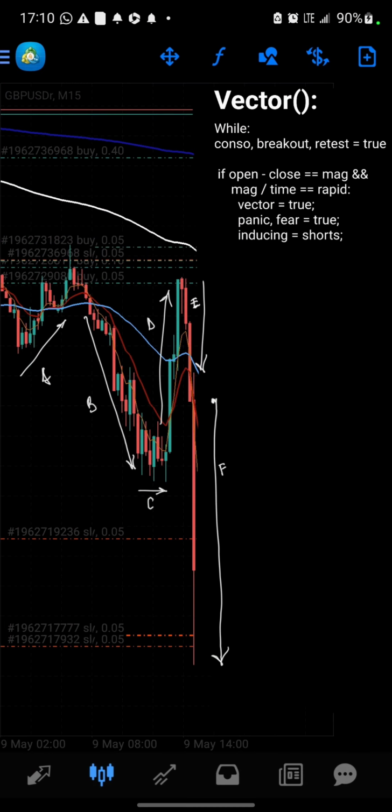This move is very aggressive, and it has created panic, made investors believe that the market is going down, and caused them to place their sell orders during the formation of this candle. So most traders have placed their sell positions because of this long candle.